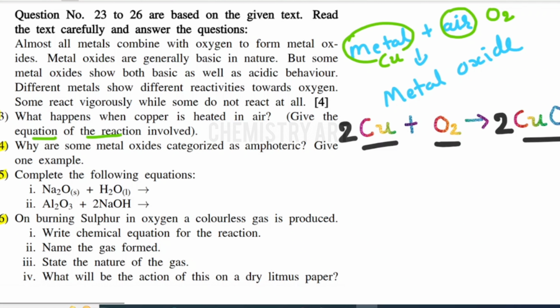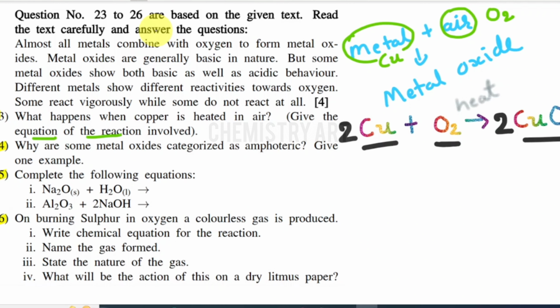Now you can check that 2Cu is on both sides, so it is balanced. Oxygen O2 means 2 oxygens, and the right side also has 2 oxygens. So this reaction is balanced. Generally it requires heat, so you can write heat here.